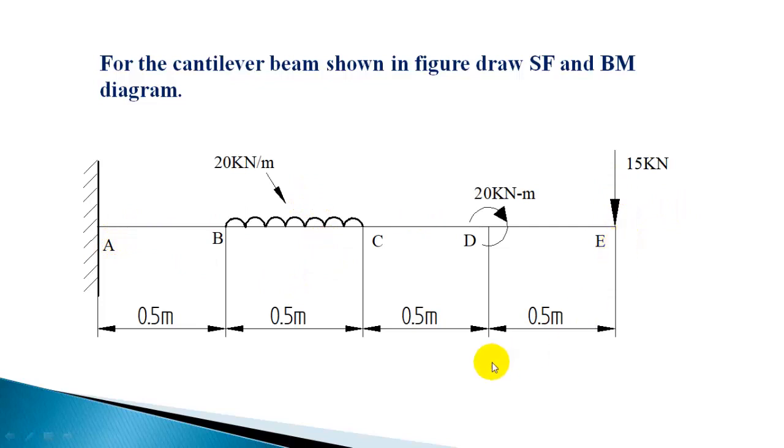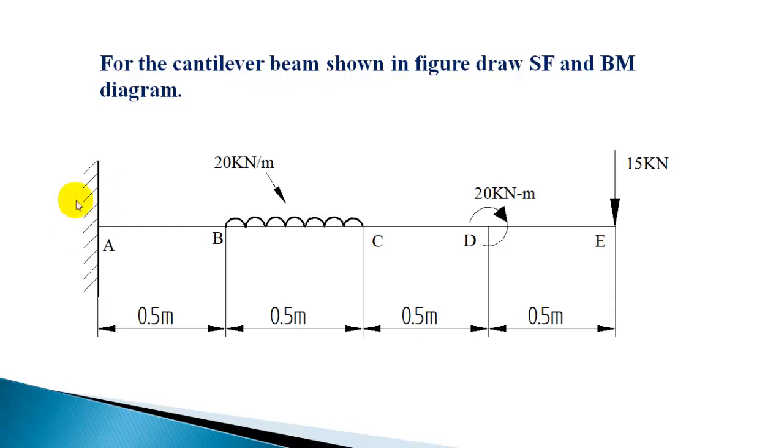So this load is producing a clockwise moment, this UDL is also producing a clockwise moment, and the couple is also clockwise in this case. So it's trying to rotate the beam in the clockwise direction. So the resisting moment will be in the anti-clockwise direction.